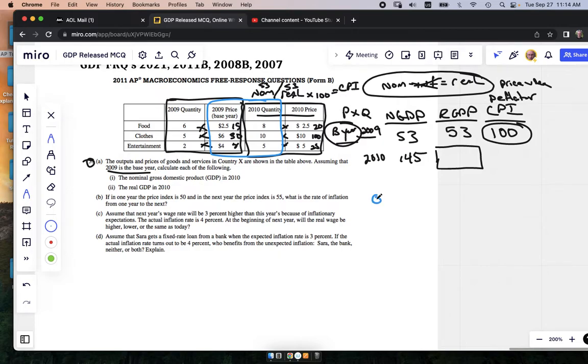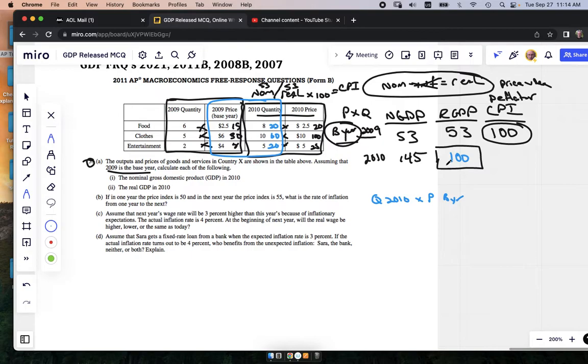So we're going to take the quantity for 2010 times the prices of our base year. That's 8 times 2.5, which was 20. And then 6 times 2 is 60. 5 times 4 is 20. 60, 70, 80, 90, 100. Our real GDP was 100.